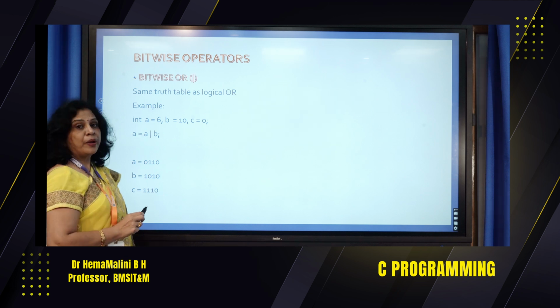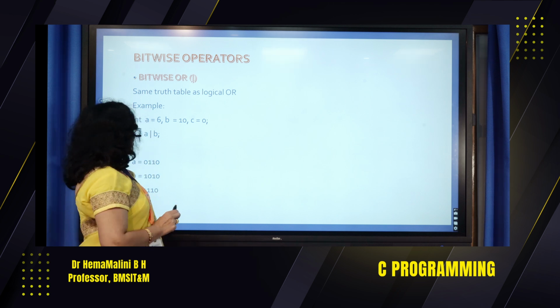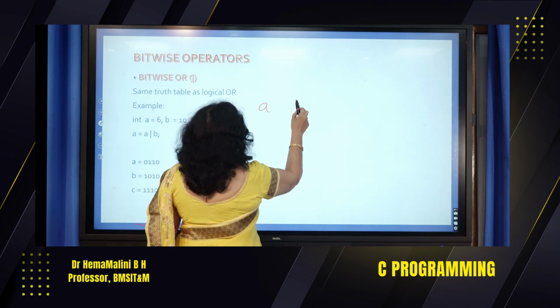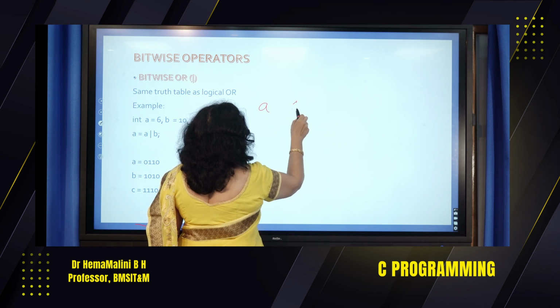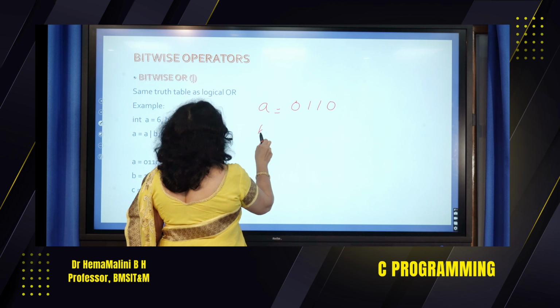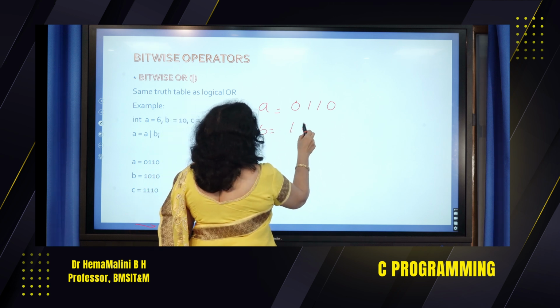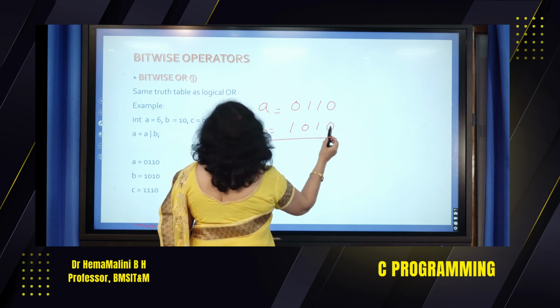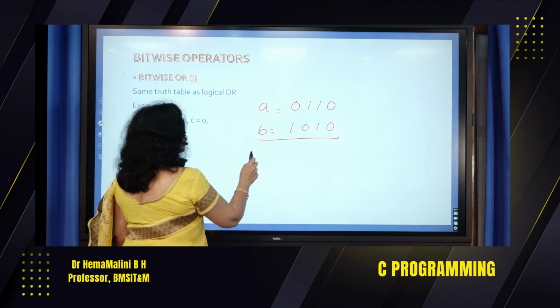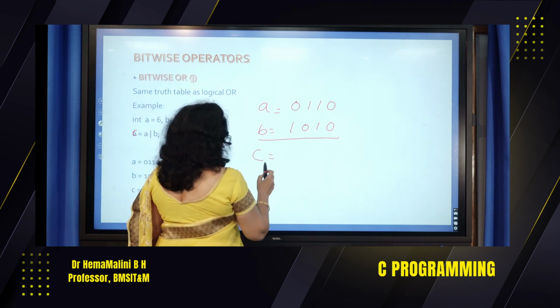Now we have bitwise OR operation. It is the same. So A is 6. 6 is 0, 1, 1, 0. B is 1, 0, 1, 0. The result is C. C, which is equal to, it is OR.